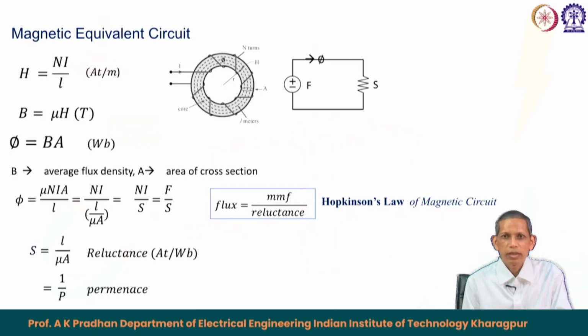So, in the last lesson we learned about the relation between flux phi, flux density B, H and the MMF.